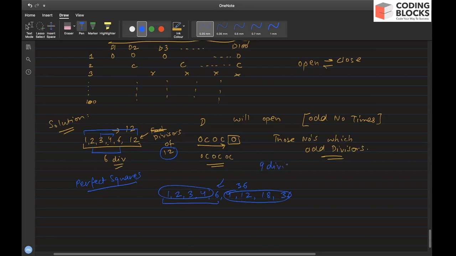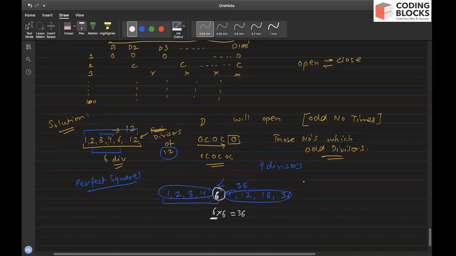So for door 36, the jailer will come to this door an odd number of times, and hence this door will finally be open. Why does it have an odd number of divisors? Because of this 6. Because 6 cannot be paired with any other divisor except itself, since 6 times 6 is 36, and this 6 will be counted only once.